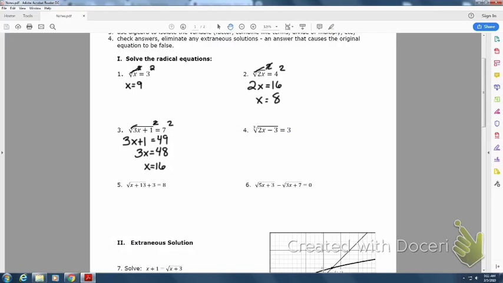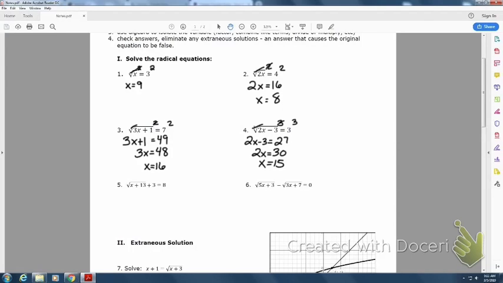Cube it. Delaney, what's the next 2 things I need to do? You add 3, and then you divide by 2.